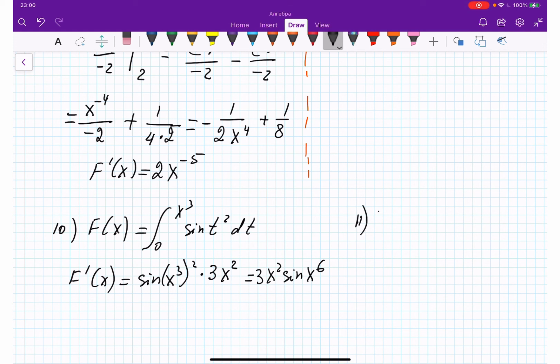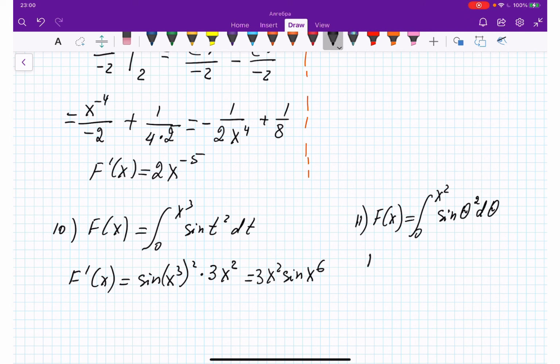So f of x is equal to the integral from 0 to x squared of sine q squared dq.